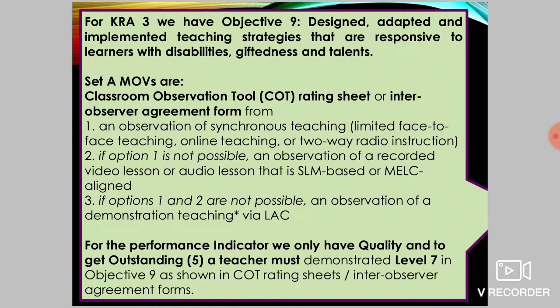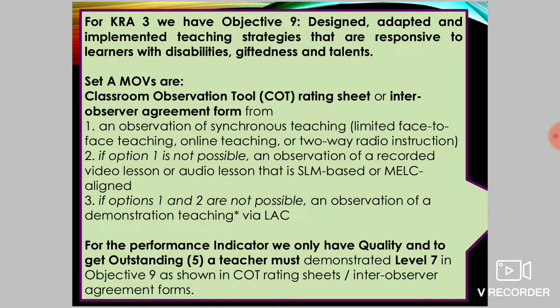Objective 9 ay katulad din ng 7 and 8 na mayroong set A and set B. But in this portion, sa set A, pwedeng nakita na ni observer yung objective 9 doon sa lesson mo pa lang. So, napaka-rich ng lesson mo kasi maybe nagko-compose siya ng objective 1 to objective 9.